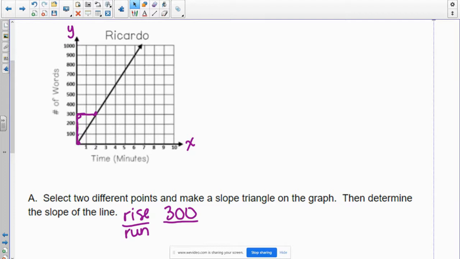Again, I can look down here in the axes, notice that it's going by ones. So that's 2 minutes. So 300 words in 2 minutes, and that reduces down to the fractional amount of 150 over 1. So 150 over 1 is the slope, or the unit rate. Remember, you can also call this the change of the y over the change of the x if you prefer.